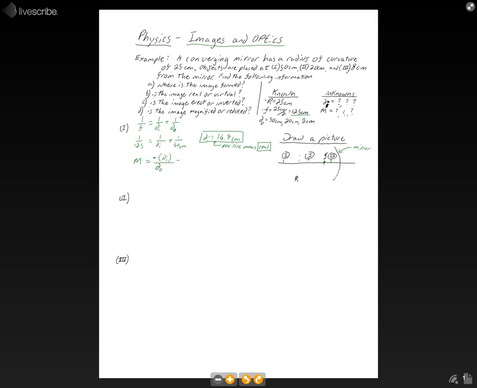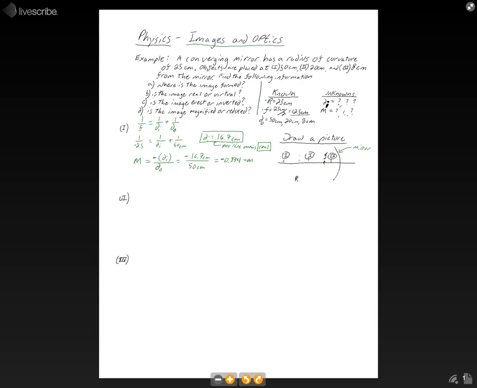So we plug in di, so that's negative 16.7 divided by do, which is 50 centimeters. And when you plug in and reduce, you get a magnification of negative 0.334, thereabouts.